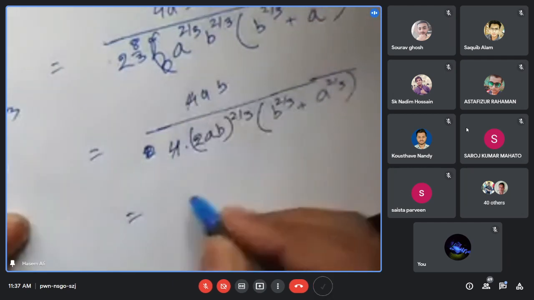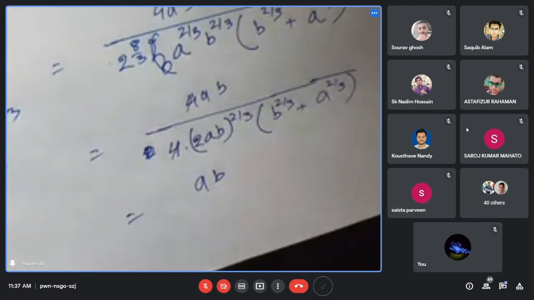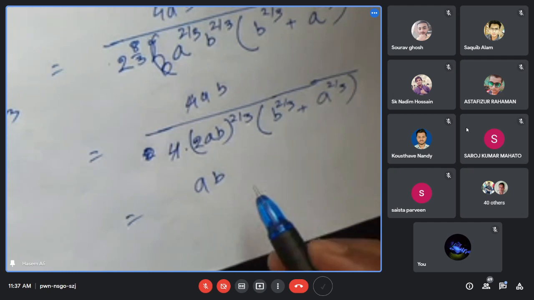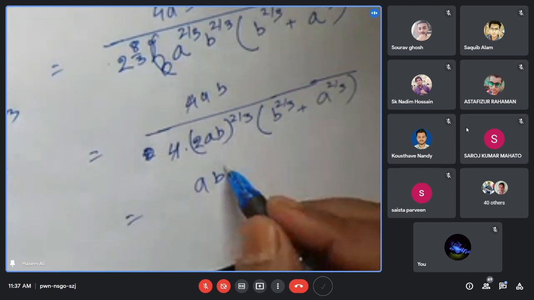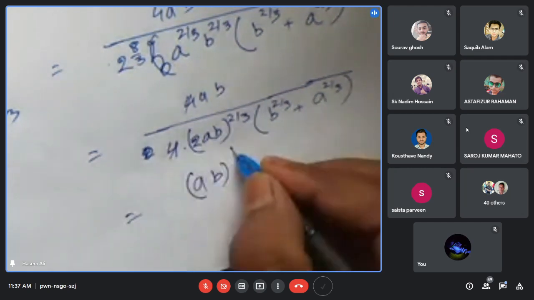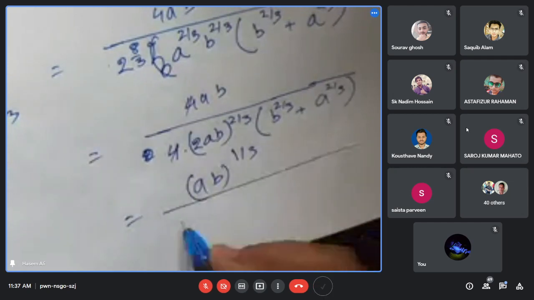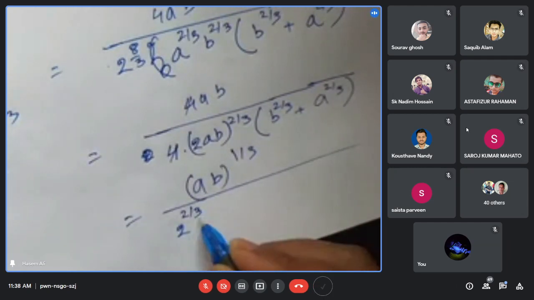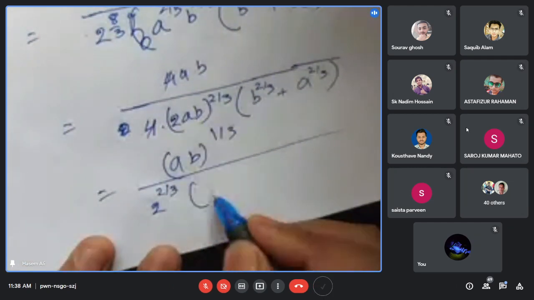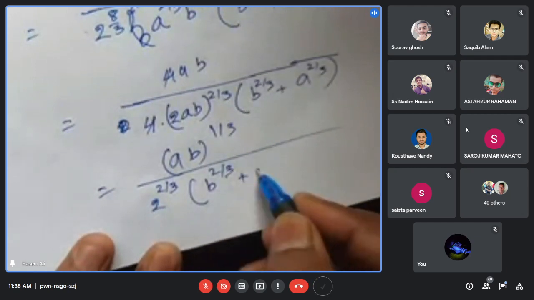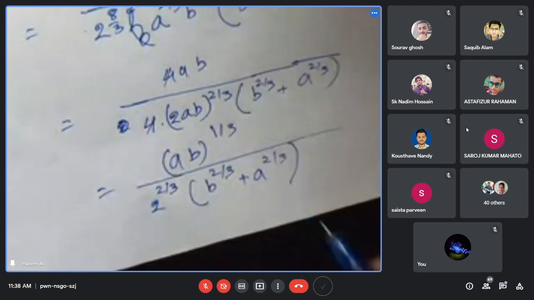That means ab whole to the power 1 by 3 divided by 2 to the power 2 by 3 into b to the power 2 by 3 plus a to the power 2 by 3.